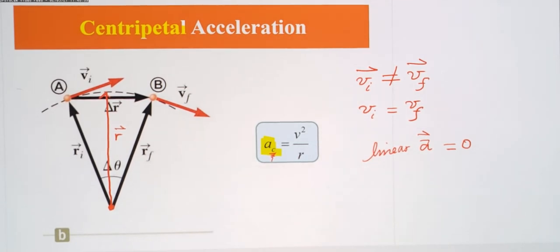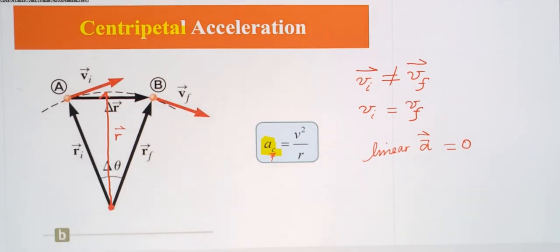Now, when it goes into centripetal motion, you will have centripetal acceleration pointing towards the center. If you cut the string or remove gravity or remove friction, the object will move in a straight line.